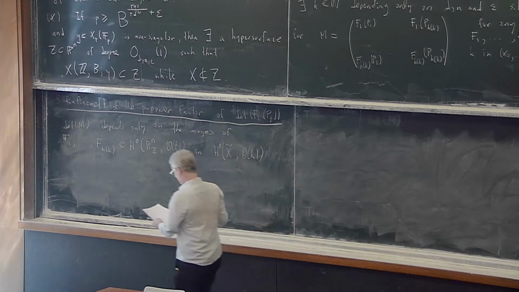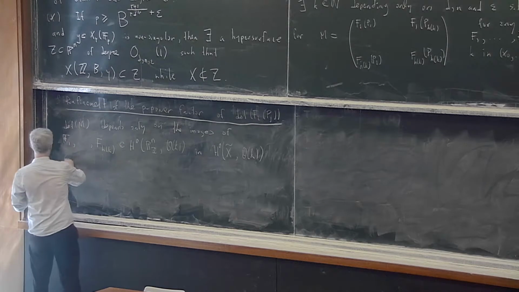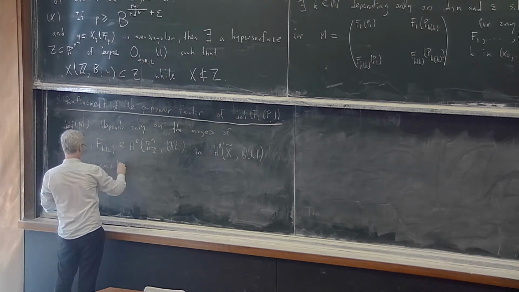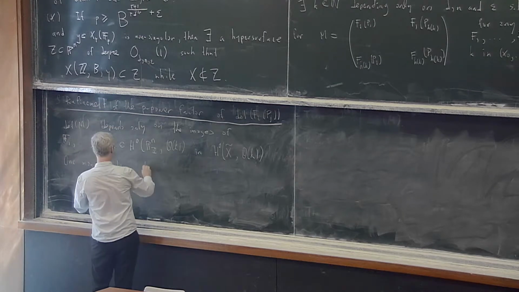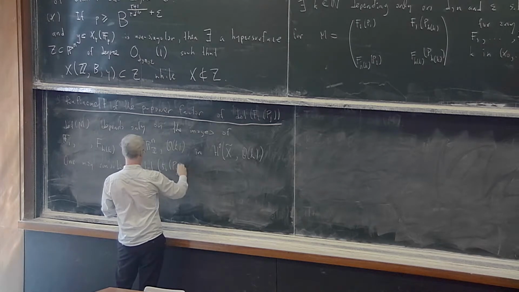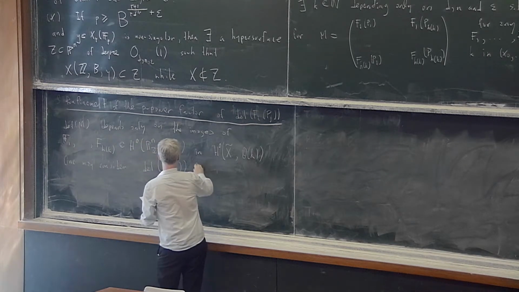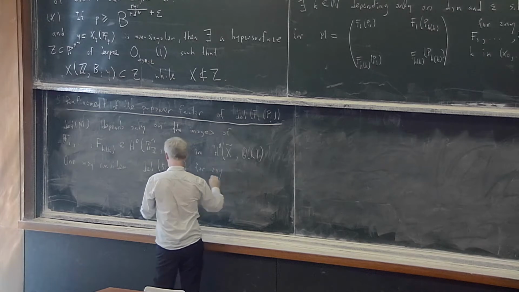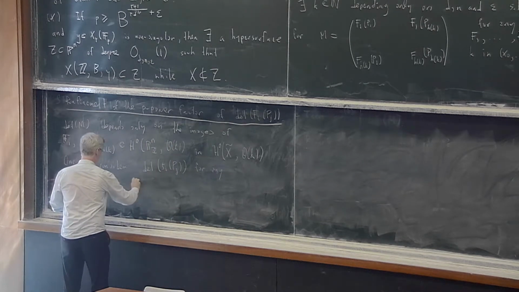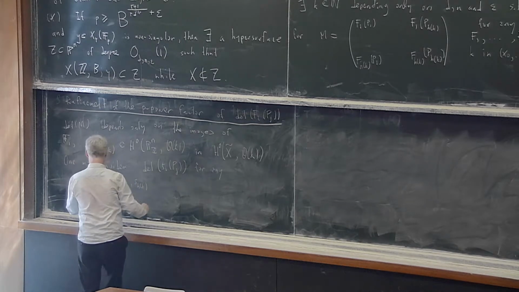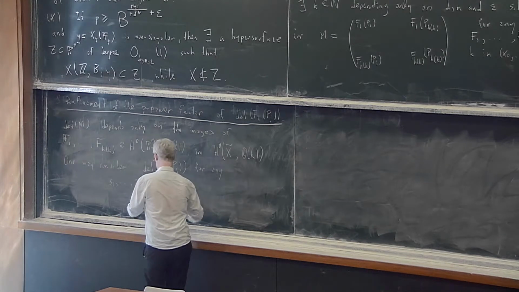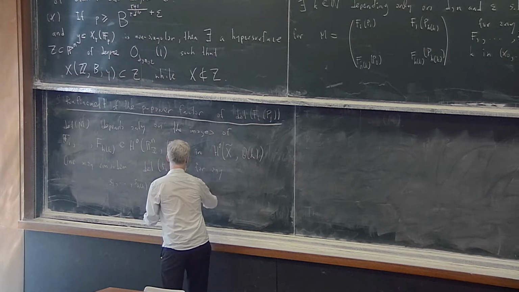So I will change notation. One may then consider arbitrary sections, the determinant of s_i, p_j, for any global sections s_1 up to s_k belonging to H^0 of X tilde, O_X tilde(k).